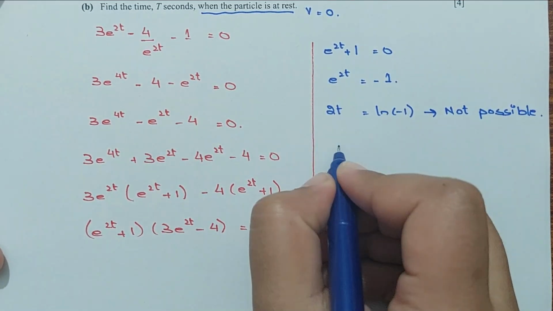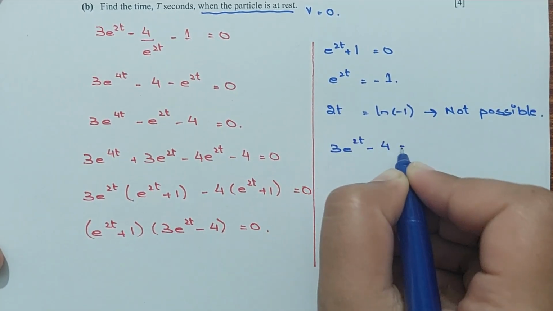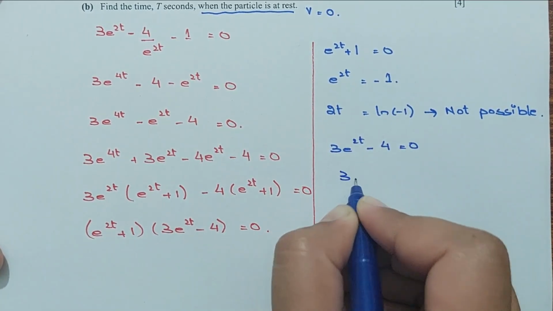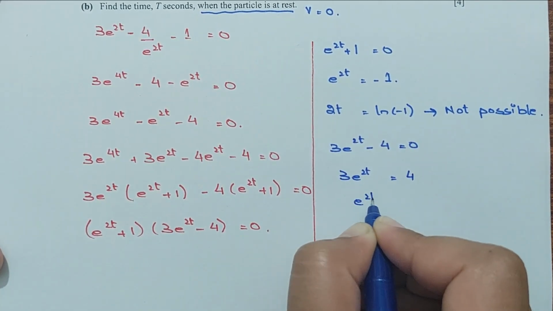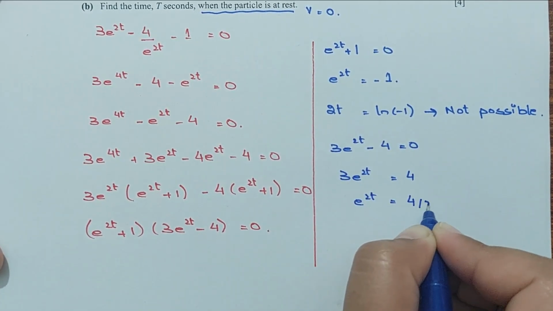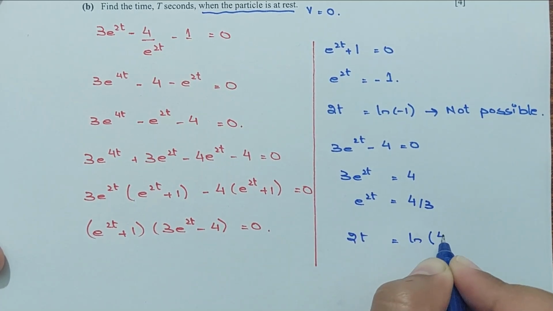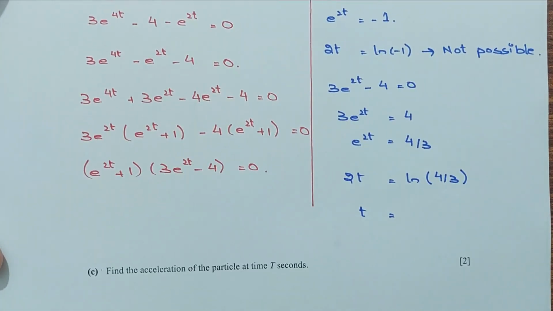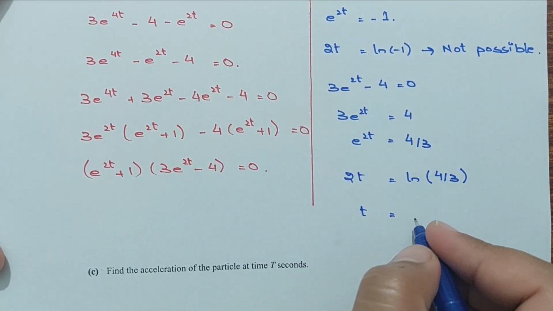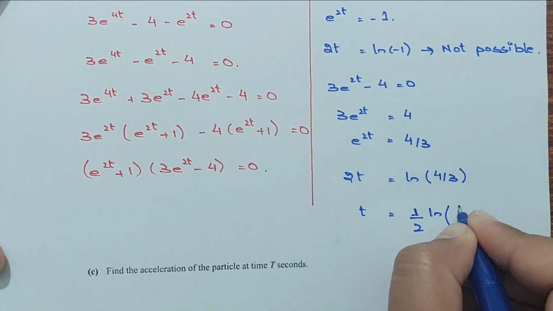Now for the second factor, 3 e power 2t minus 4 equals 0. So 3 e power 2t is equal to 4. E power 2t is equal to 4 by 3. So 2t is equal to natural log of 4 by 3. And we have t equal to half natural log of 4 by 3.